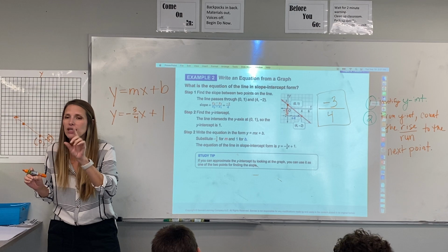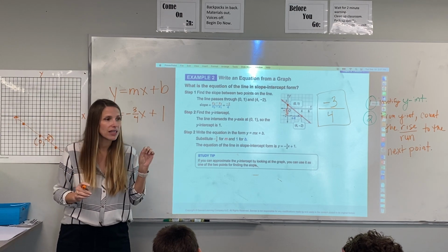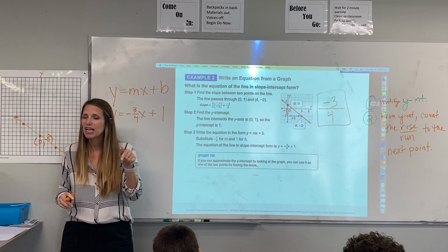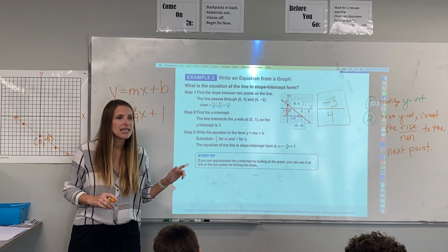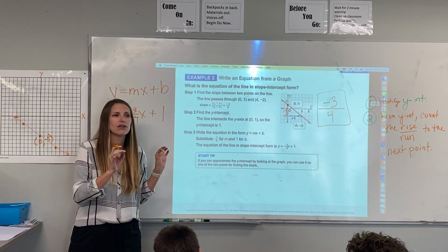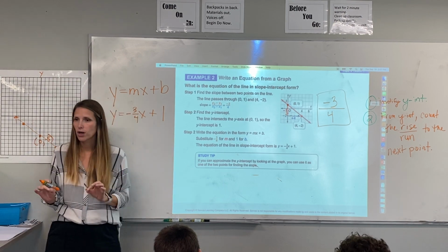Negative divided by a positive is negative, and a positive divided by a negative is negative. Those are our integer rules for division.